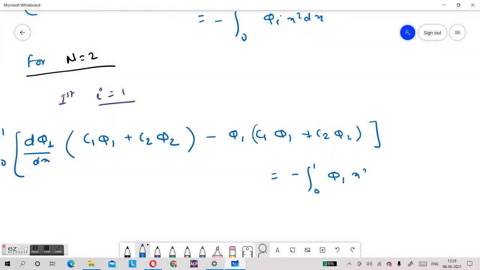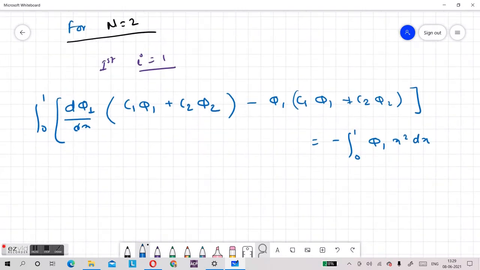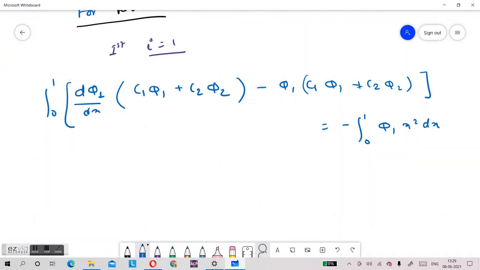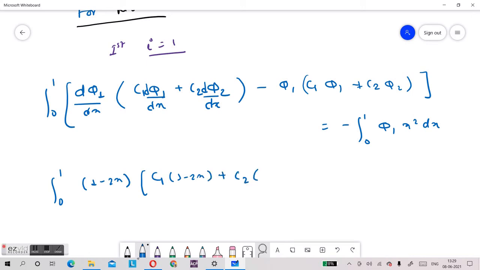So what was the value of d phi 1 over dx? We have calculated, this was 1 minus 2x, and this is c1, again 1 minus 2x, plus c2 d phi 2 over dx, which we already calculated earlier, it was 2x minus 3x square.